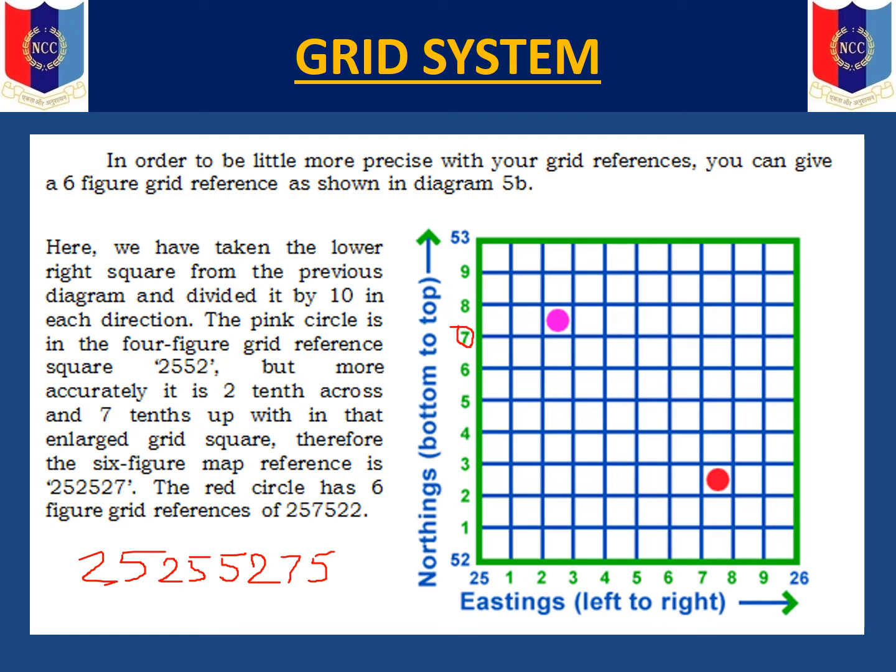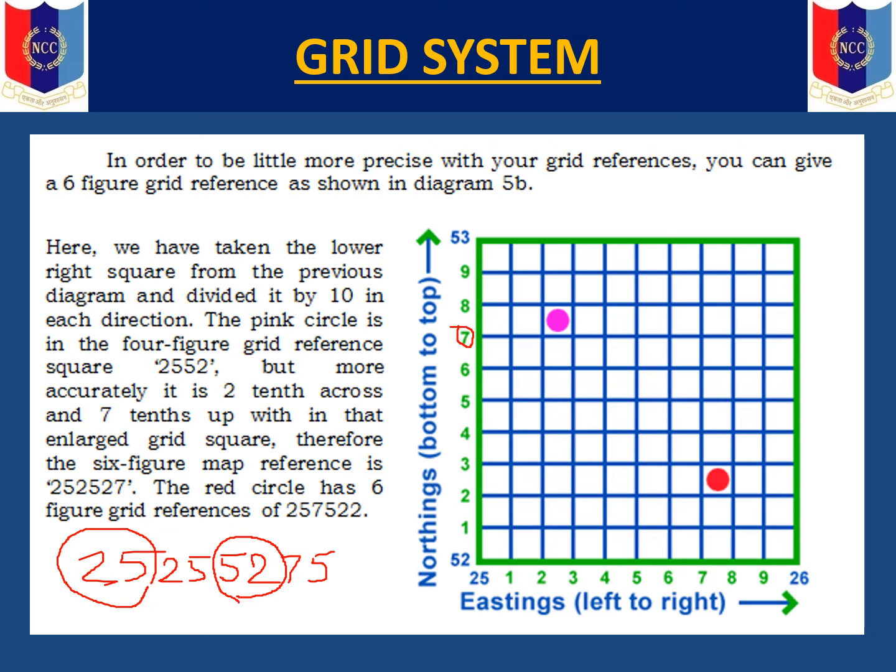So this is an 8-figure grid reference. 1, 2, 3, 4, 5, 6, 7, 8. The first two figures are the eastings, and in between here you have 52, which is the northing. This is how the grid reference is given in terms of 6 figures or 8 figures, 4 figures which you have already seen. Now try for this 8 figure.